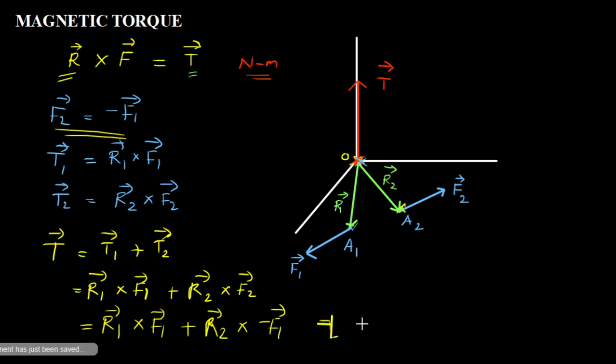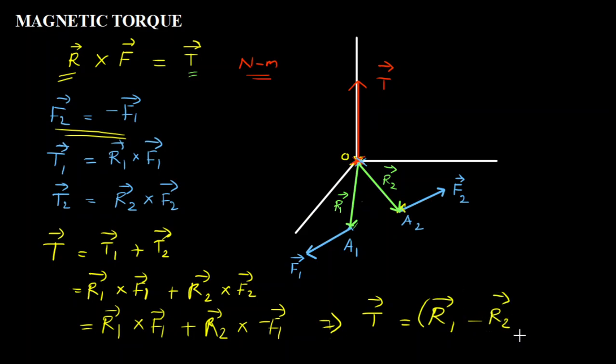So this tells me that this equation can be written as T vector equals, F1 is common, this minus comes here, so this becomes R1 minus R2 cross F1.